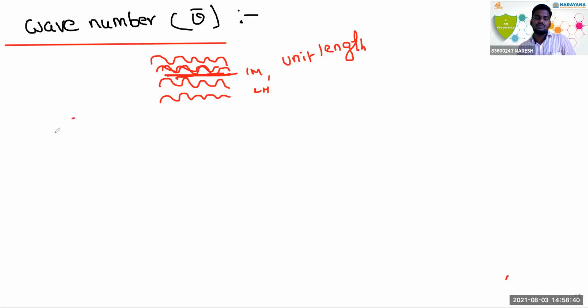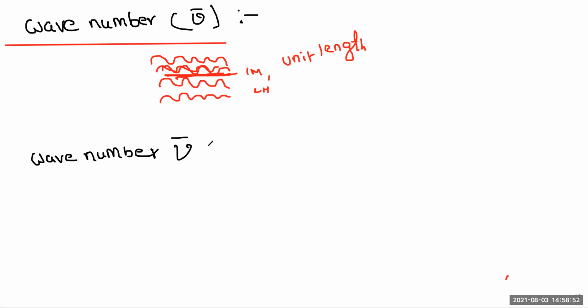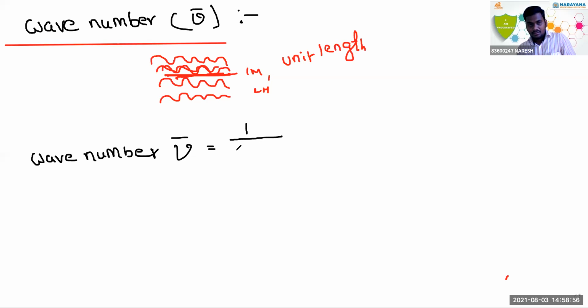So generally, wave number is equal to, tell me, 1 by lambda. Very good. 1 by wavelength.